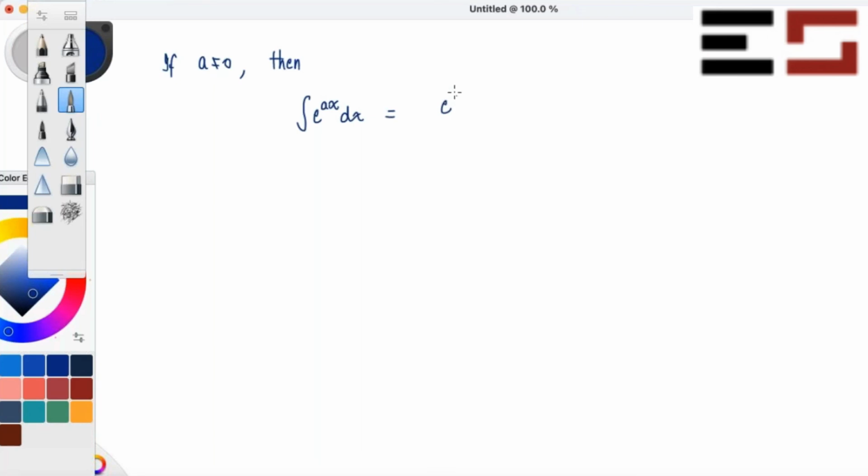So we are going to write e to the power ax, but its derivative is e to the power ax times a, and we want e to the power ax only. So what should I do? Divide by a, and then plus c. That's it. Whenever you do this, do a quick check: take its derivative and see if you're getting this term or not. Is that clear to everyone? Okay, good.